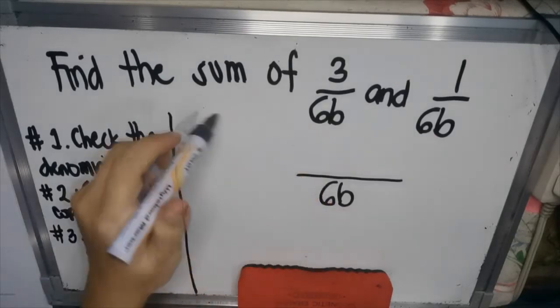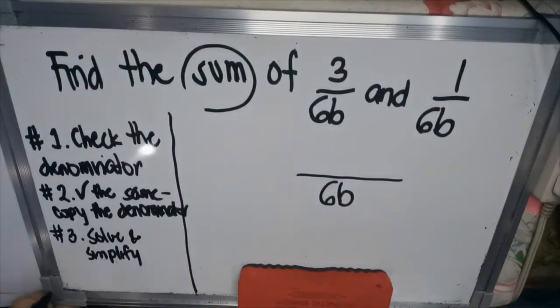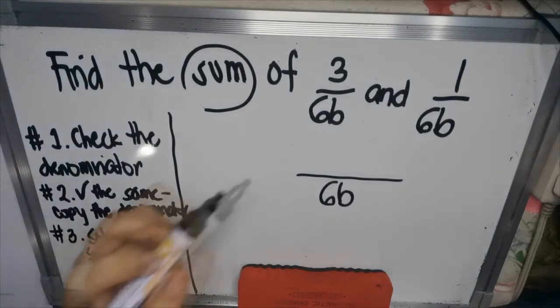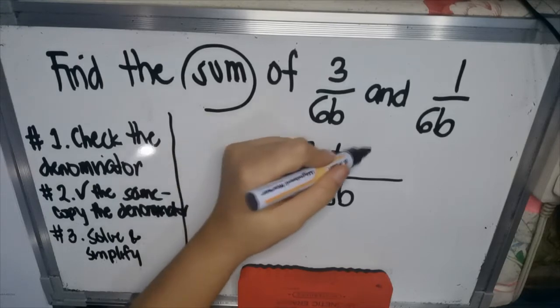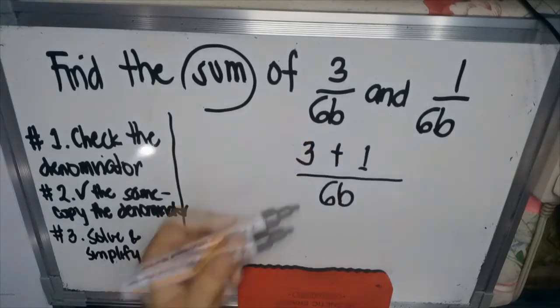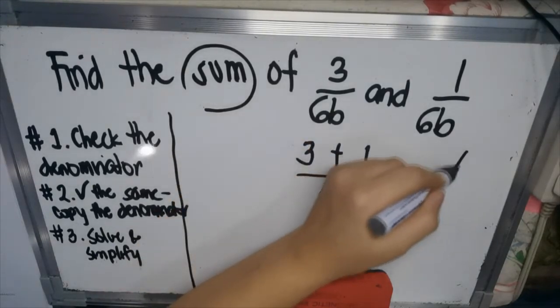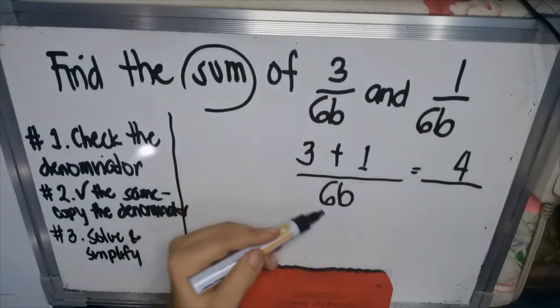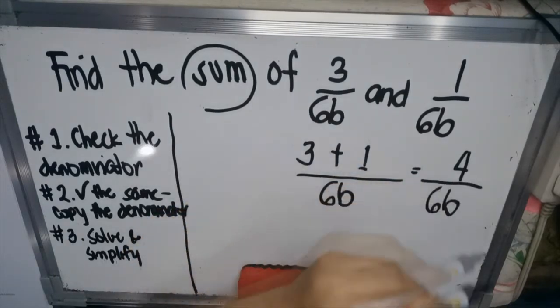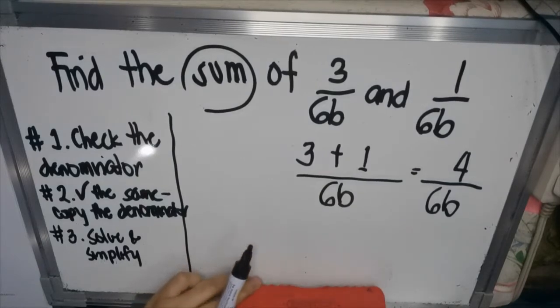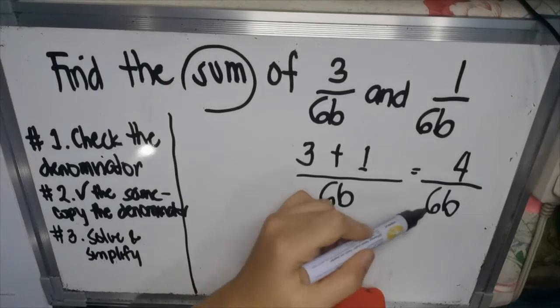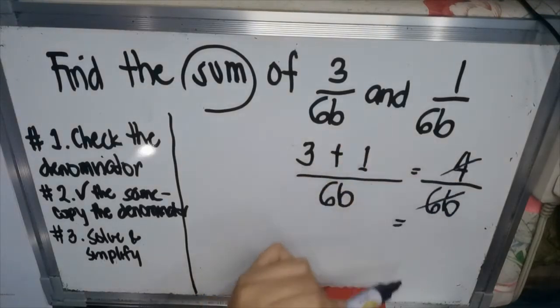Since ang hinihingi is sum, ang operation natin is addition. So, this will be 3 plus 1. Okay? And 3 plus 1 is actually 4 over 6b. And as I told you sa inyo kanina, if possible, i-lowest term natin. So in this case, pwede natin i-simplify si 4 and 6b.